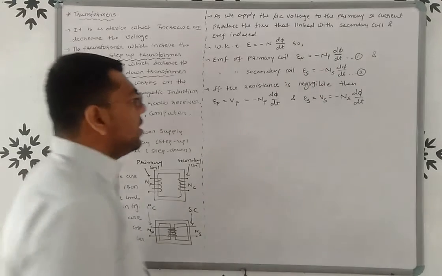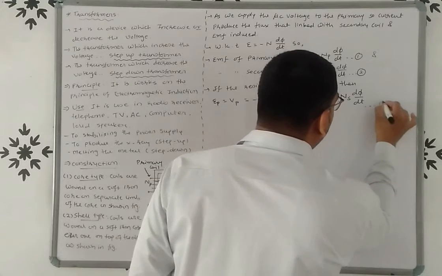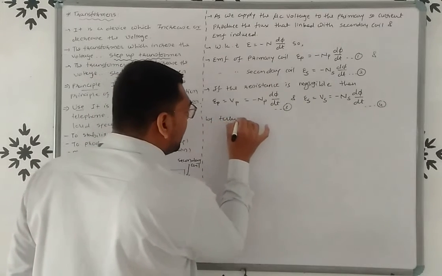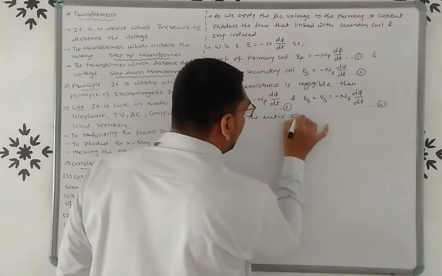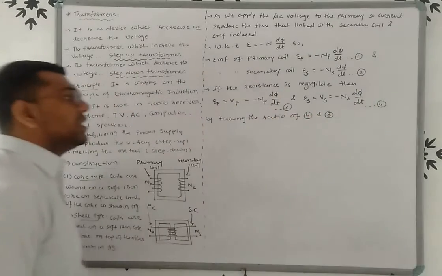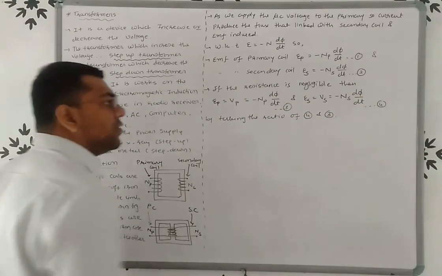Now if we take the ratio of equations 4 and 3, or 3 and 4, as you wish, what do we get?